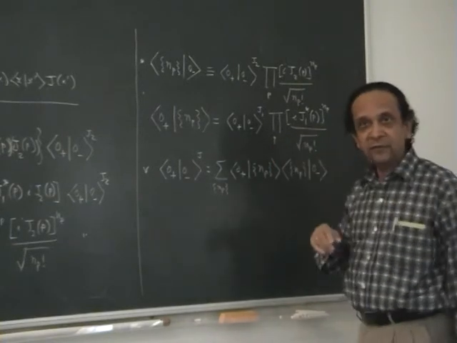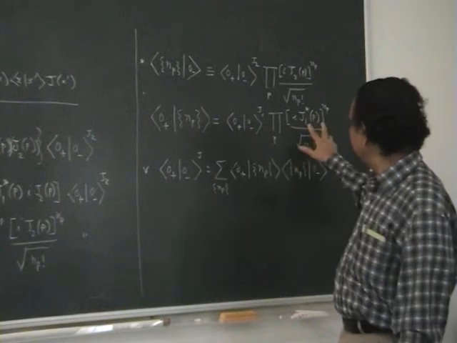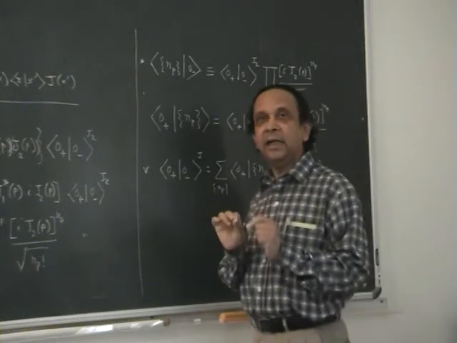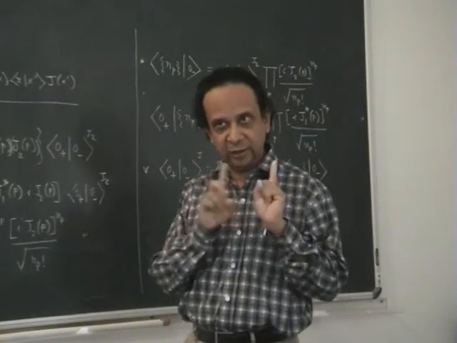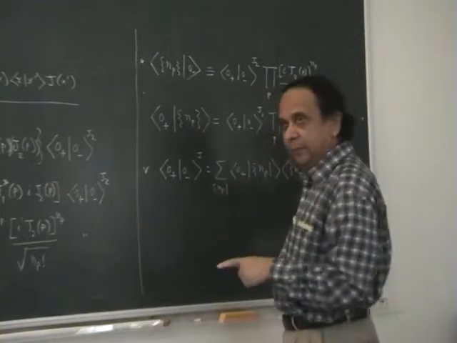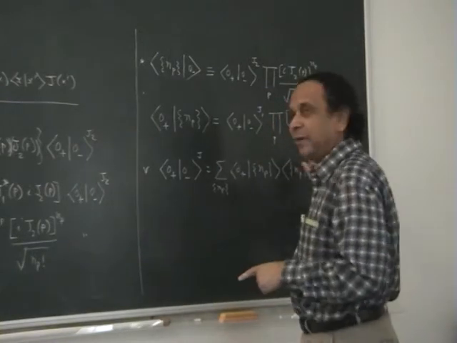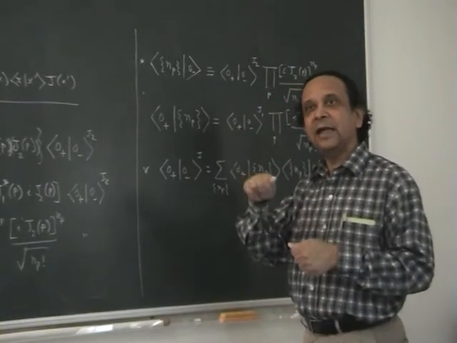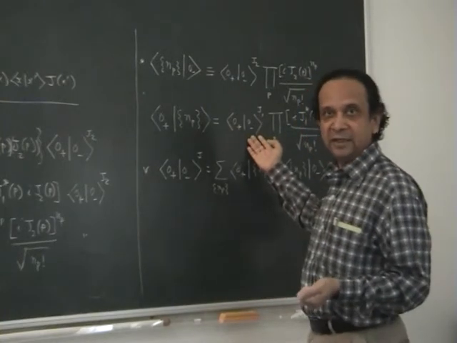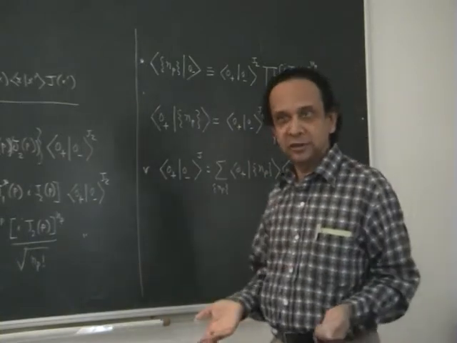What is the mode square of this? Mode square of this will give you the probability for creating a one particle state from the vacuum state, right? Raised to the power NP upon NP factorial. So it is like x to the n upon n factorial, and this will give you an e to the minus x. So the entire thing will be a Poisson distribution.